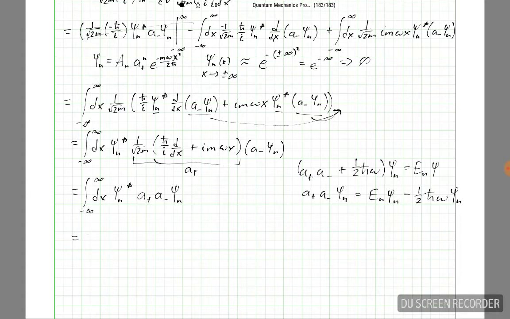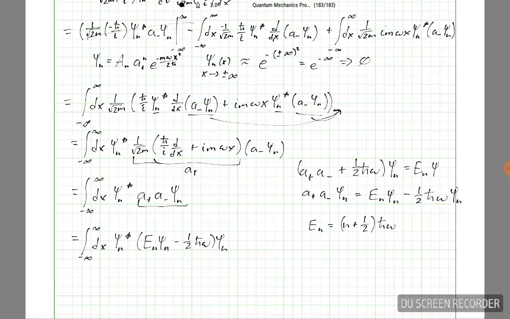Let's go ahead and put that in this result here. So I'm going to be replacing that. I have complex conjugate psi n. I have En psi n minus 1/2 h bar omega psi n. Now I'm going to use this result from equation 2.50. So that means that my En is n h bar omega plus 1/2 h bar omega.